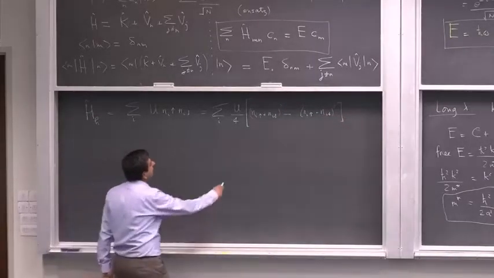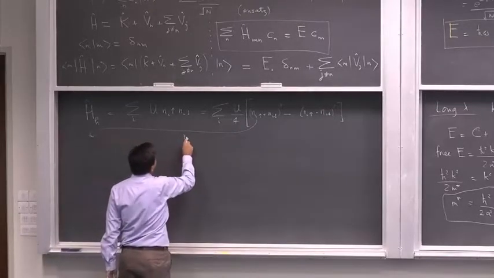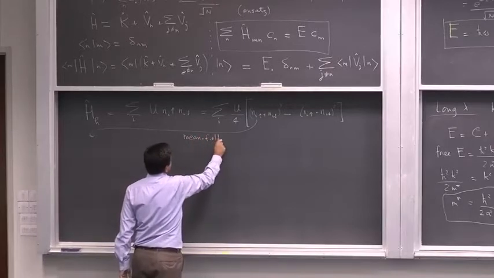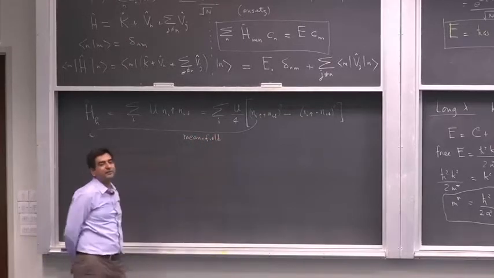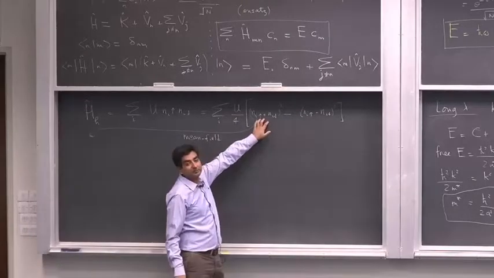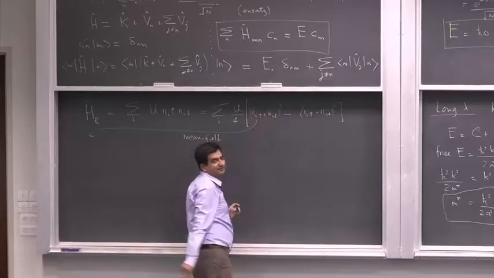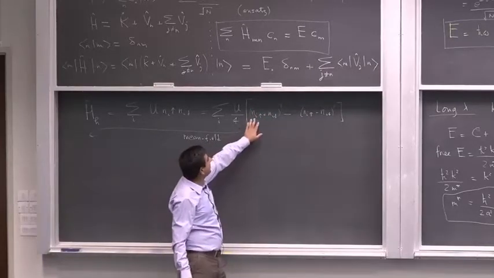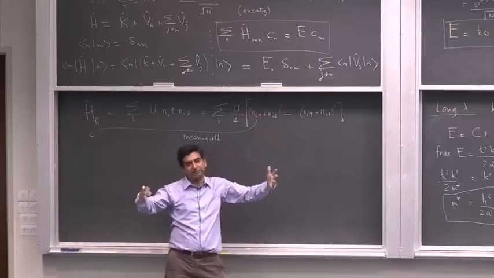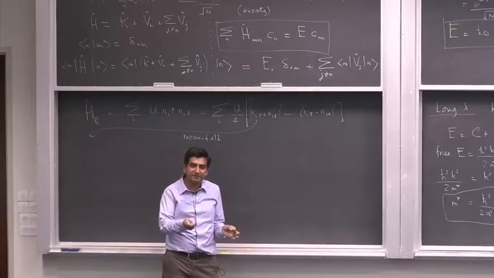Now in the next step, I would like to apply a mean field approximation. A mean field approximation means that I would like to replace these, remember in quantum field theory these are really operators, right? So I would like to replace these numbers by their average values. This is a mean field approximation, when you replace a number by an average value.